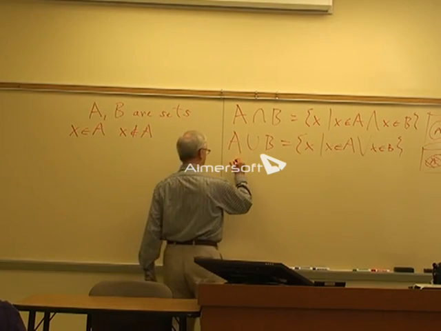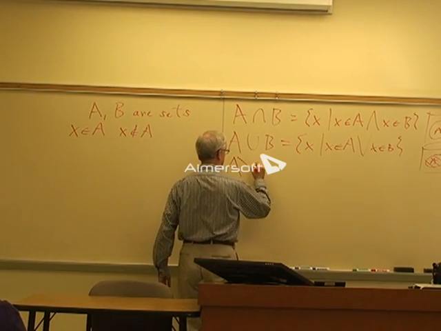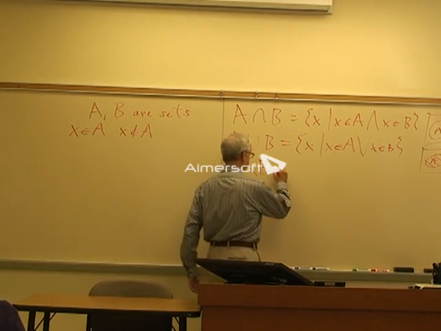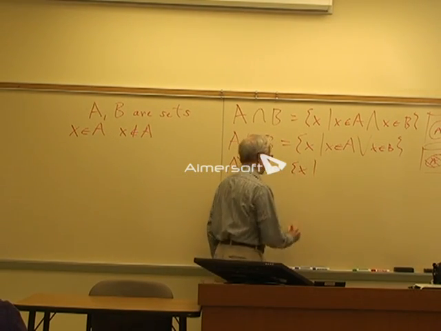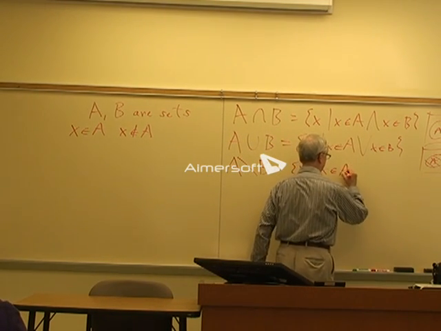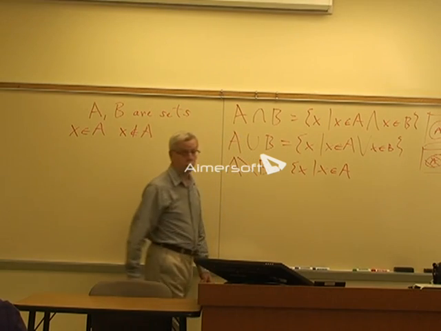And then A minus B was the other big thing. The set difference, A subtract B, is the set of all X such that X is in A, and what?